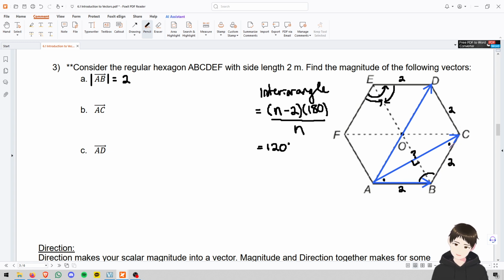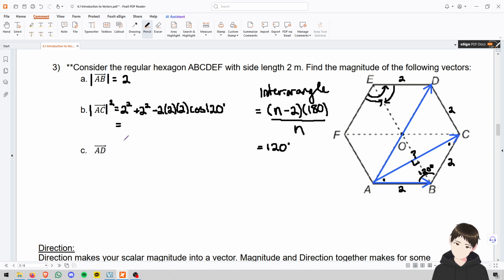Since I don't want to do more calculations, I'm going to use cosine law, side, angle, side, and say, okay, my mystery side, well, magnitude, squared is equal to one side squared plus other side squared minus 2 times the one side times the other side times the cosine of the contained angle.